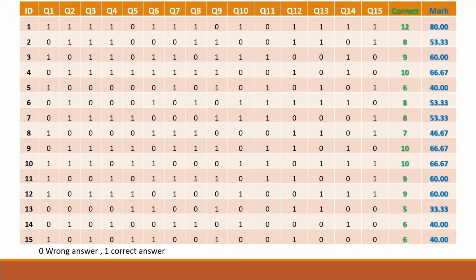By adding all the question scores for each individual student together, dividing them by the total number of questions, in this case 15, and then multiplying by 100, we generate the total mark, or the percentage of the total mark, as given here in the blue marked values in the column labeled mark.